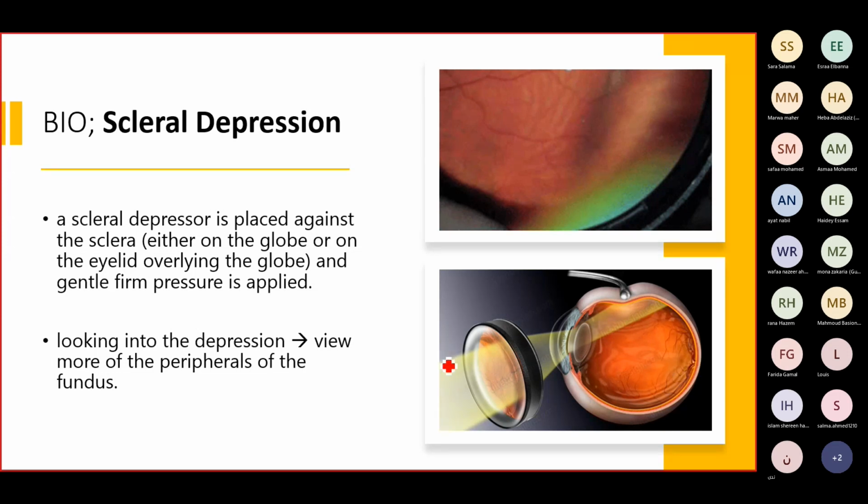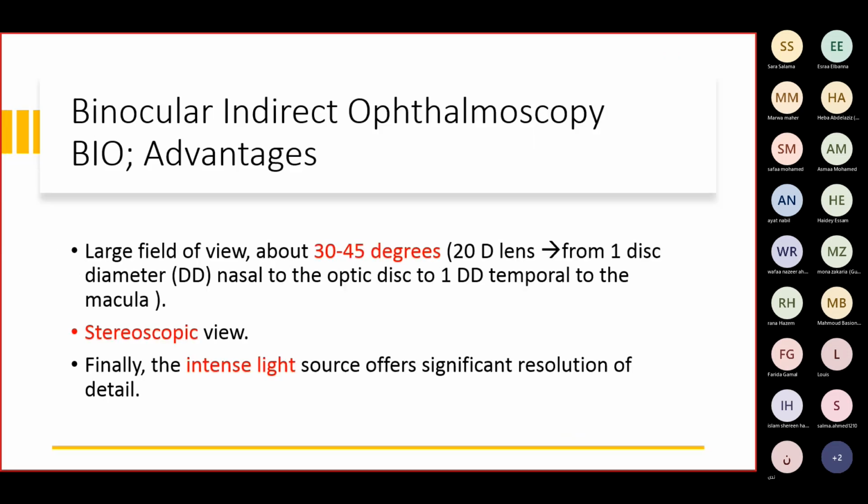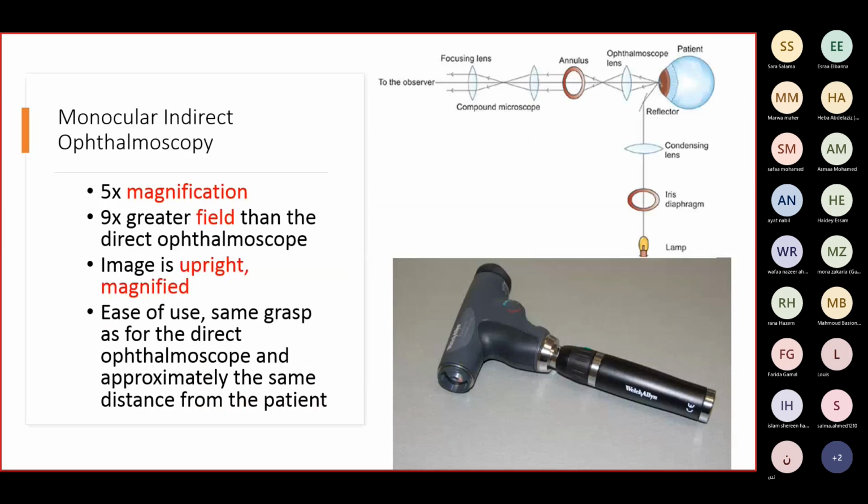In the indirect ophthalmoscope, it's the opposite. If you find a lesion on that part, for example, on that edge of the lens, you need to move towards that direction rather than the opposite direction. Always move the head towards the same direction of the lesion that you want to see. Okay? This is because the image is inverted and laterally reversed.